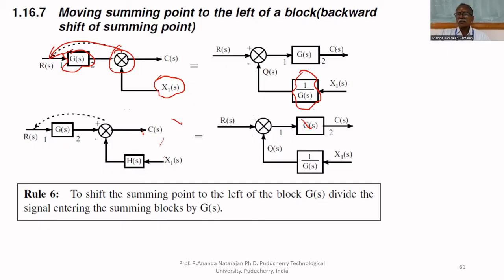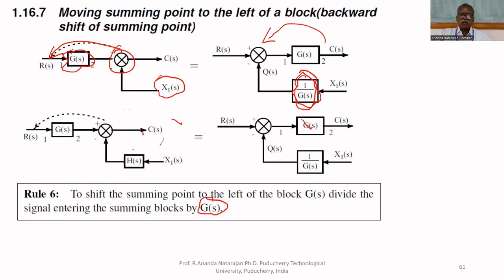But if you shift the summing block before this block, what will happen? This will be amplified by G of S. To nullify the effect, we multiply by 1 upon G of S. Therefore, the rule is to shift the summing point to the left of the block, and divide the signal entering the summing block by G of S.